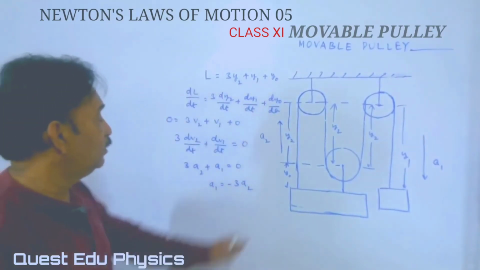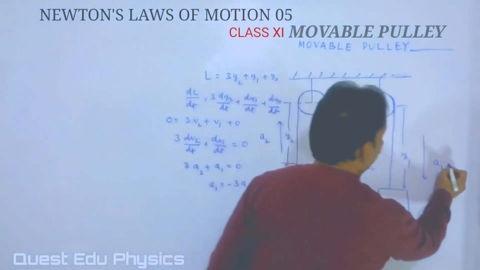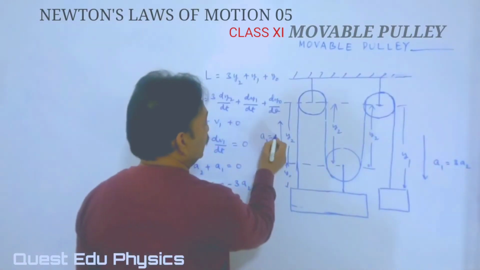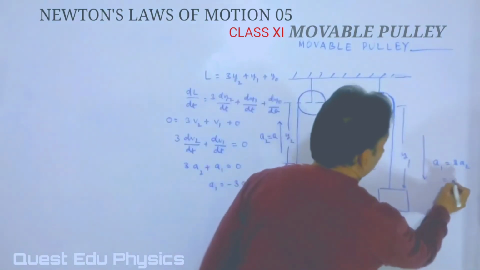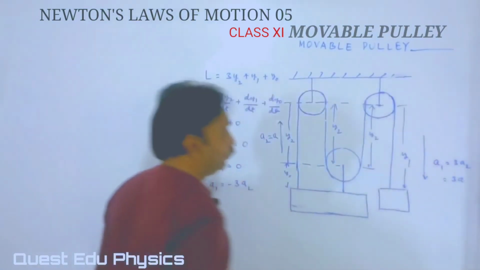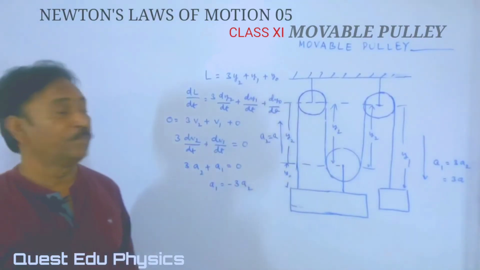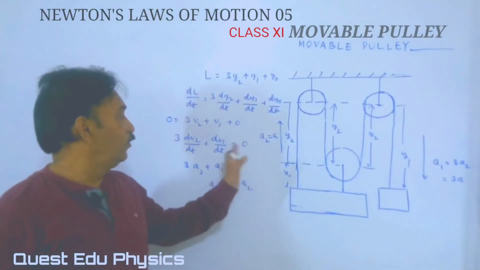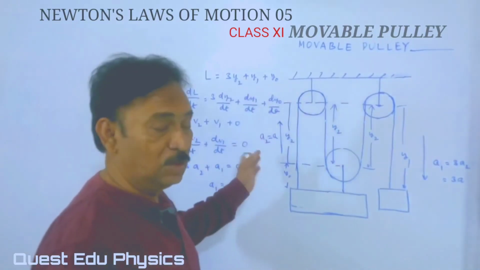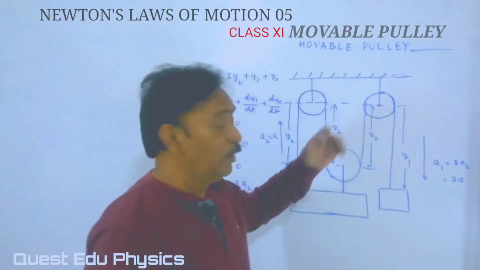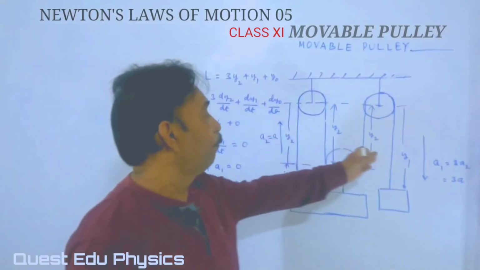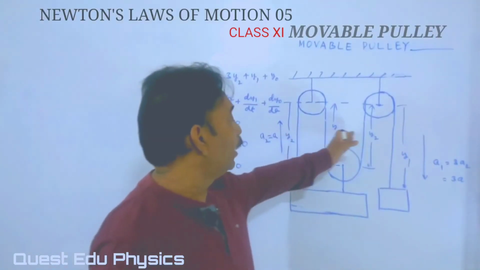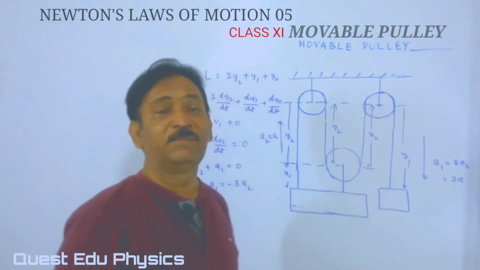Okay students, say this: the acceleration is equal to 3 times this. Let's say it is a and it is equal to 3a. Getting me, students? In this way we can register the accelerations. If you start doing the problem, you can understand how the acceleration can be calculated by counting the number of strings which are attached.